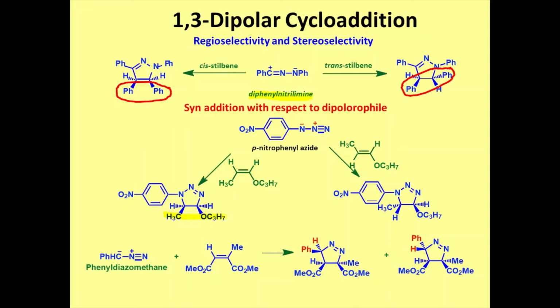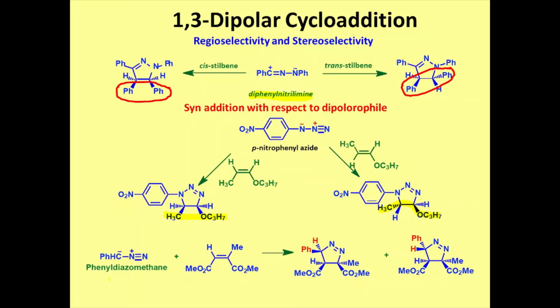This is another example: when we take the trans isomer, we see that the methyl group and the alkoxy group are trans in relationship. So syn addition proceeds and the stereospecificity of the reaction is established.